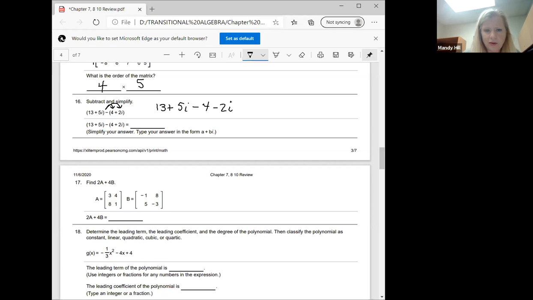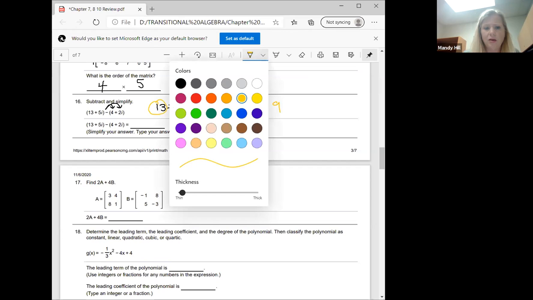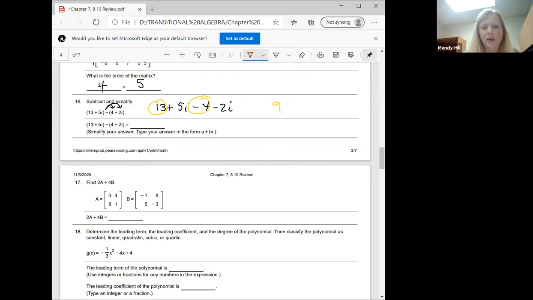Well, we want to combine like terms. So the 13 and the negative 4 can come together. 13 minus 4 is going to be 9. Also, the positive 5i and the negative 2i can go together. 5i minus 2i would be positive 3i. That's going to be the answer to that one.